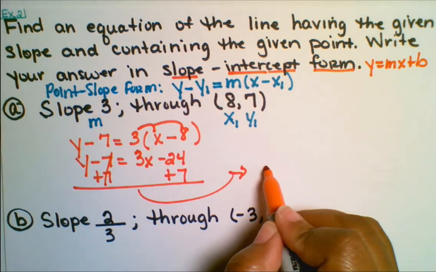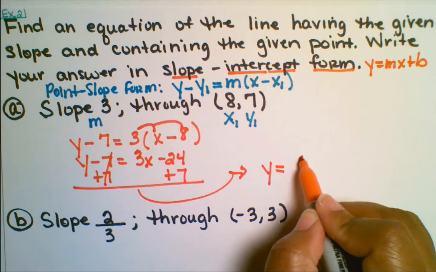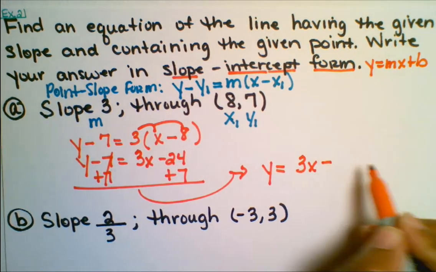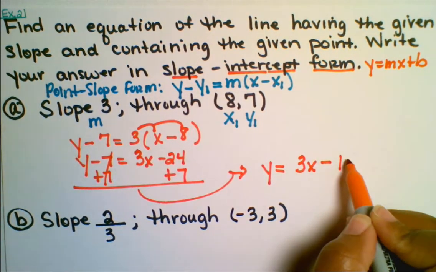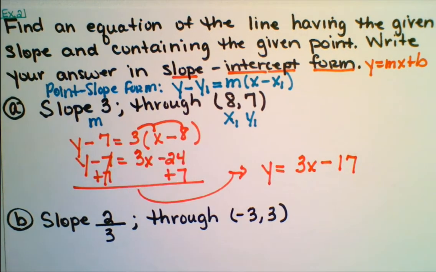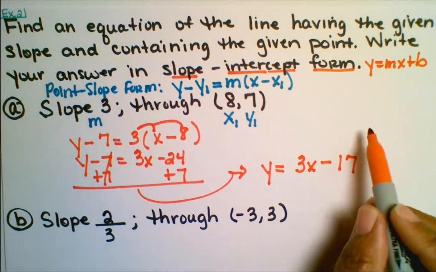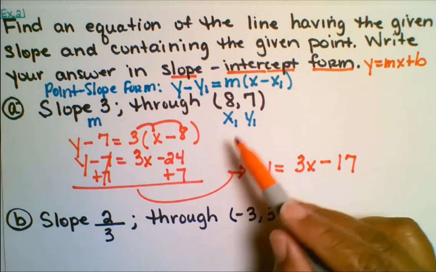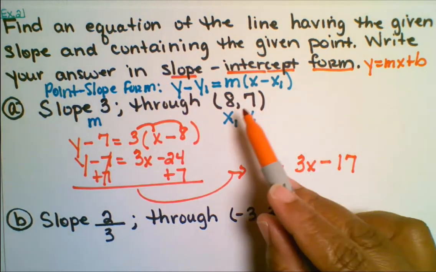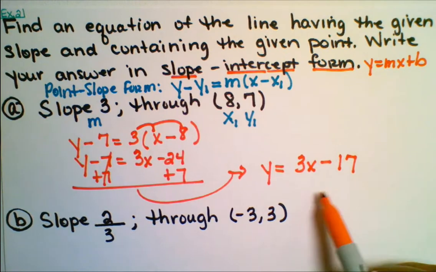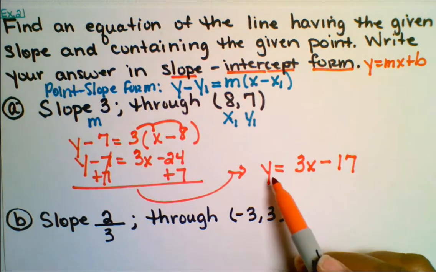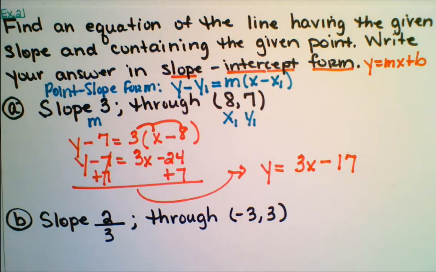And so our solution is y is equal to 3x minus 17. And then we've used everything that we needed to convert this information into slope-intercept form. y is equal to 3x minus 17.